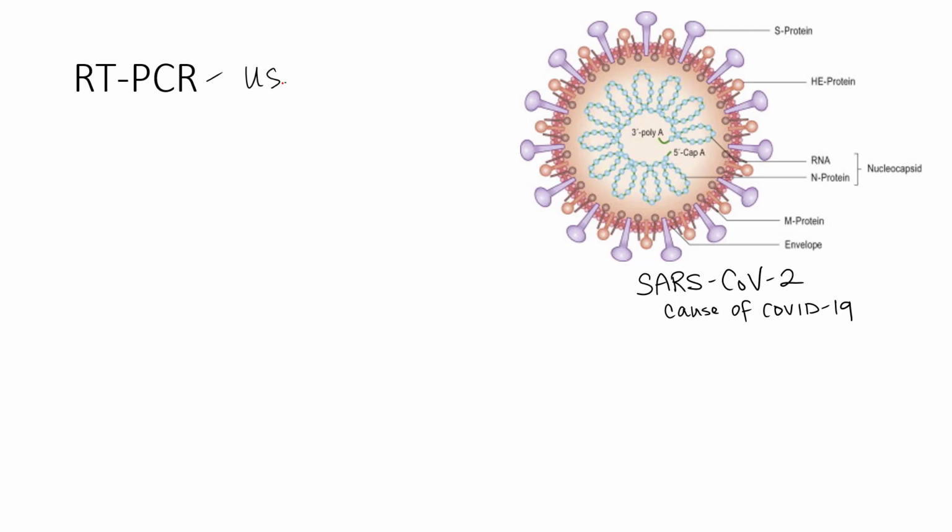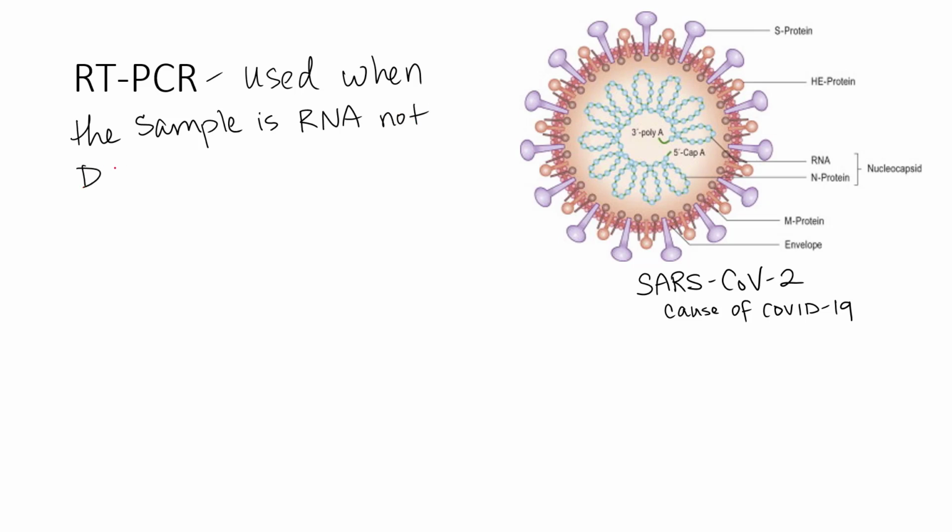Well, this is used when the sample is RNA, not DNA. So the thing about coronavirus is that its genome is RNA. Now, viruses are weird because they're not cells.